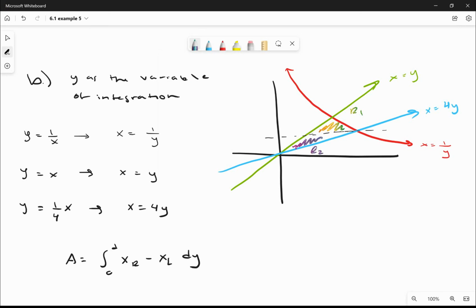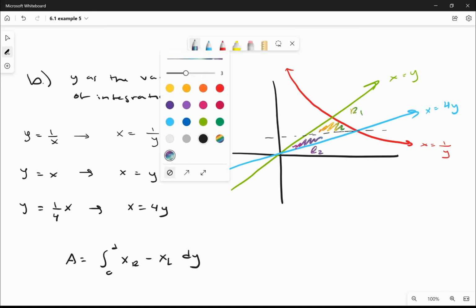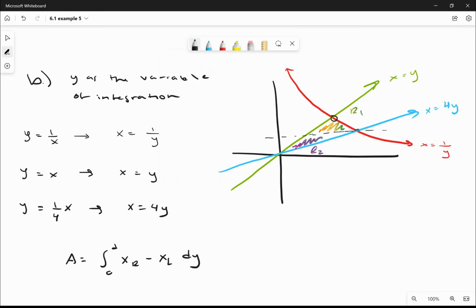We want to find our intersection points, and we know our first intersection point here is just the origin, and then we have these 2 other intersection points right here and here. We did already find these with respect to x, so we could just use those and figure out the y values, but let's just do it with respect to y here.